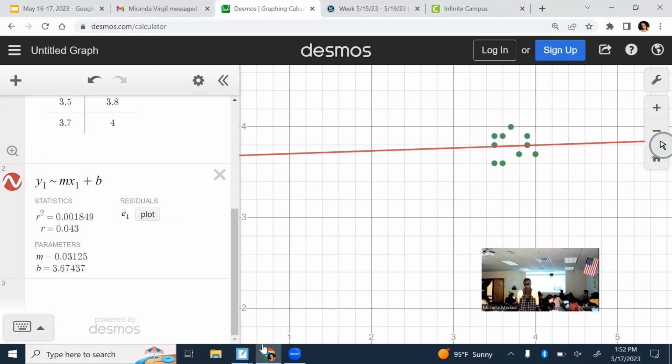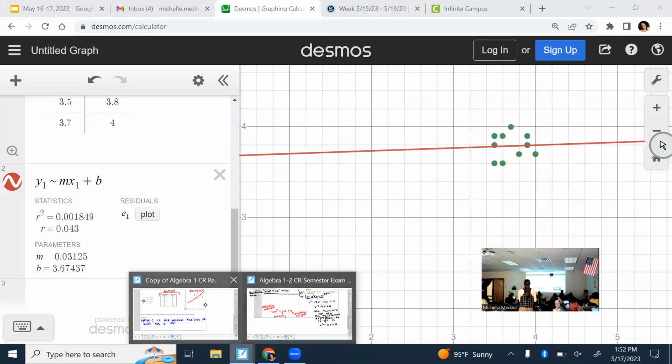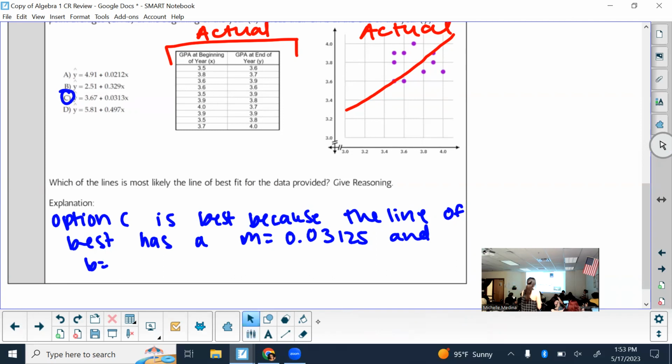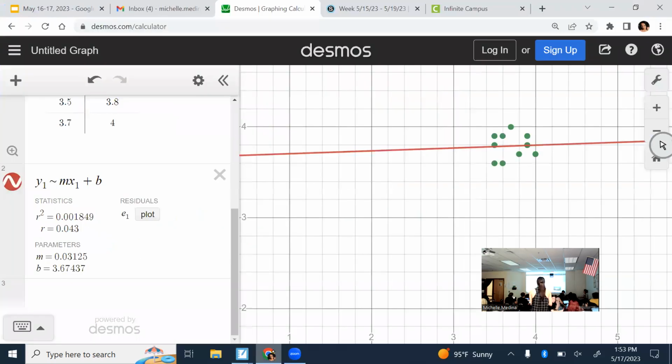So 0.03125. And a y-intercept of, what was it? 3.67437.